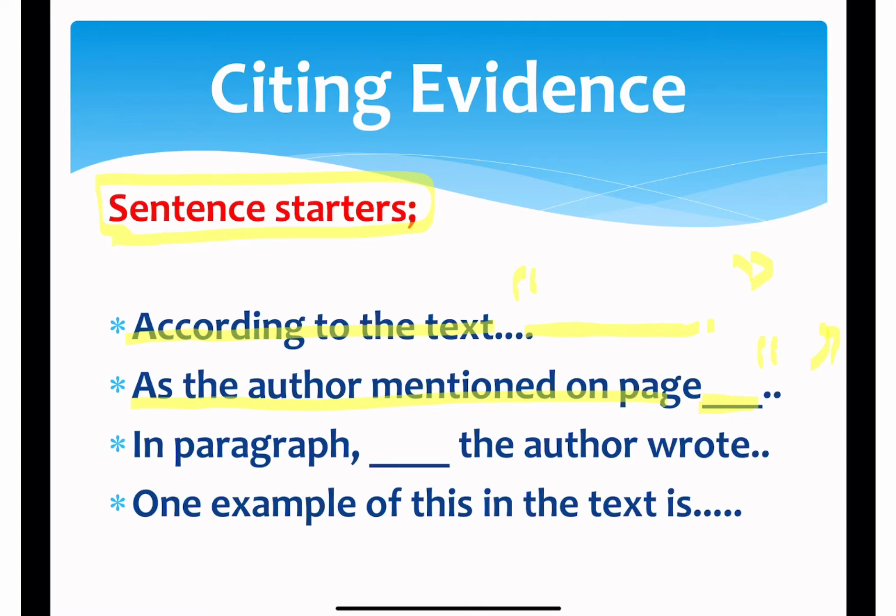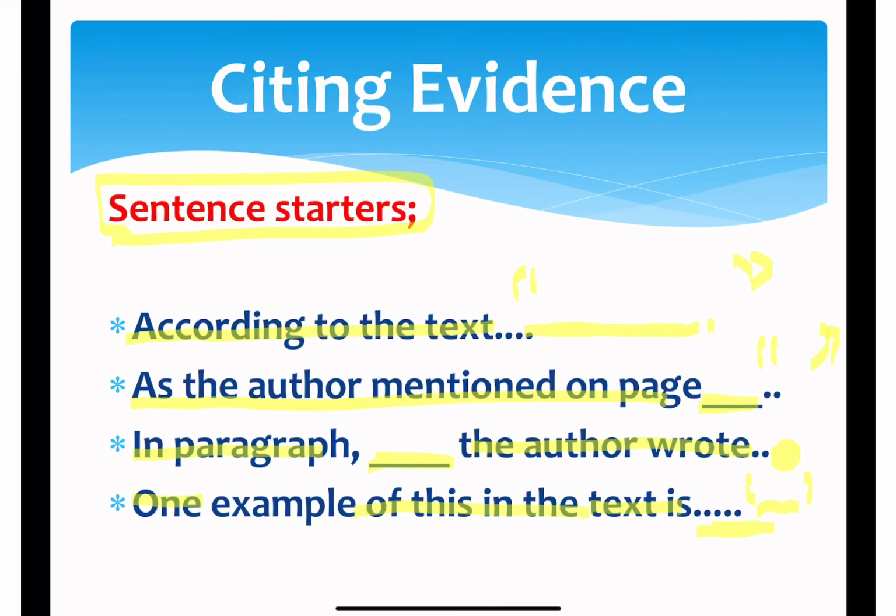You could also use something like, in paragraph so and so, the author wrote, tell me what you saw. Another one could be, one example in the text is, tell me the example from the text. And if you're writing the information directly from the text, give me some open and close quotation marks to show me, hey, I know where I got it from, but I've also given credit to the source that gave me this information.